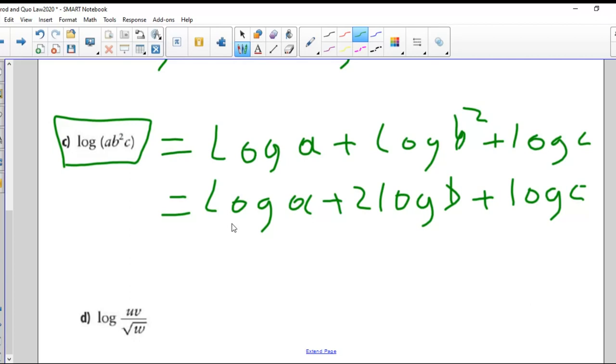X must be greater than 0. There's no X here. There's an A and a B and a C. So there's no X and there's no Y here. Let's try again. Use the variables that are in the question.